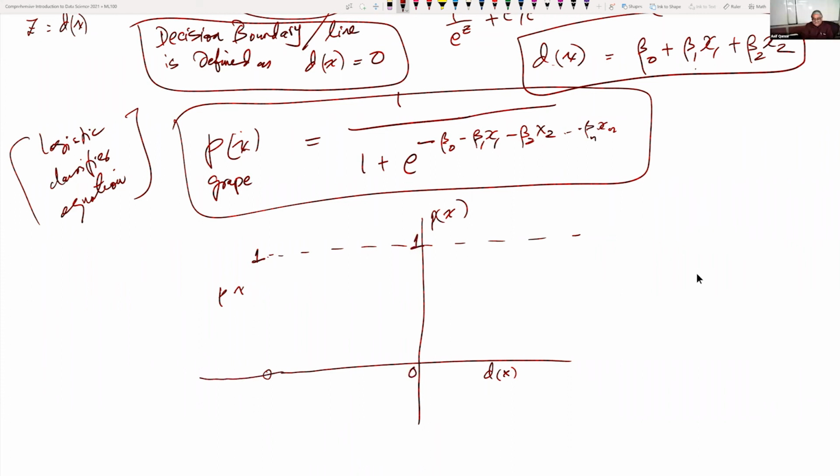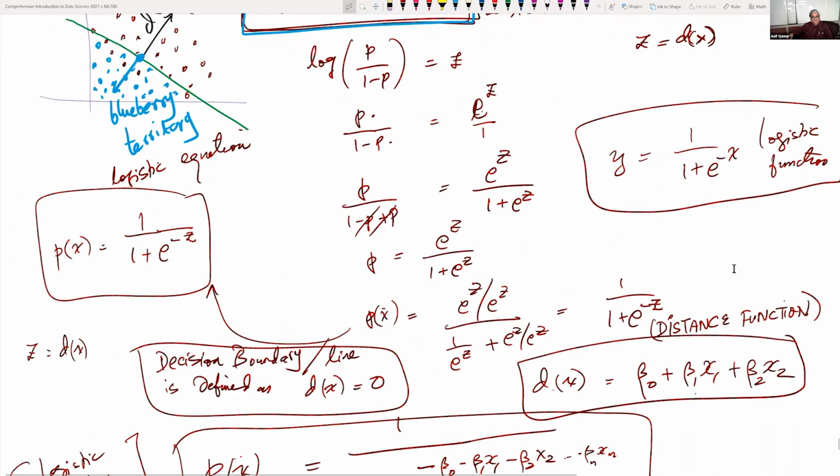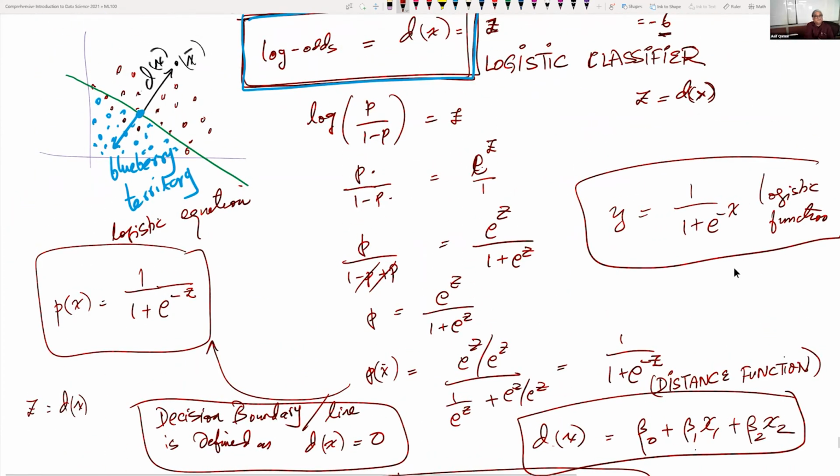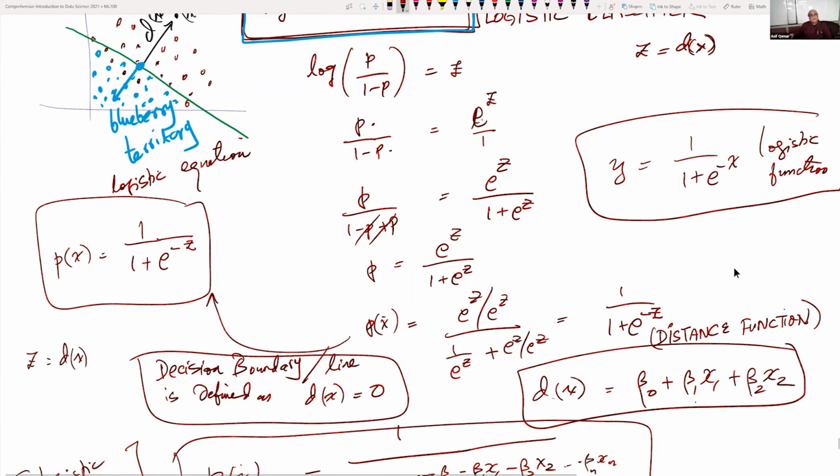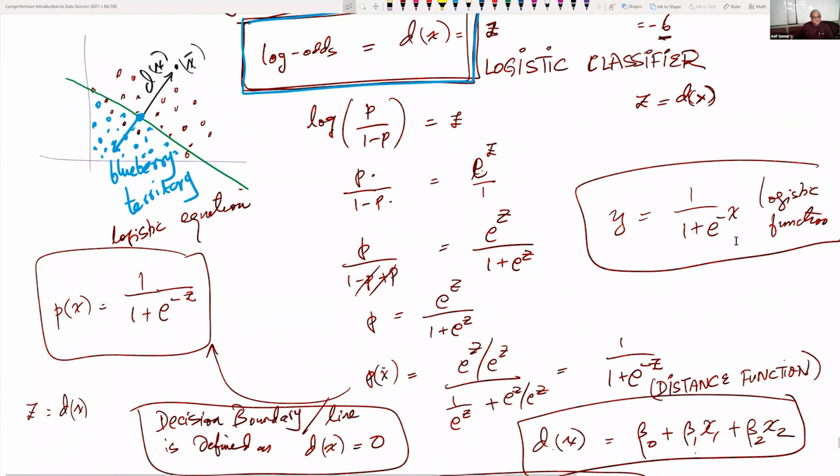What happens when distance is hugely negative? Probability is, what is the probability that it is a grape? When you are in deeply negative territory, what's the probability that it is a grape? Look at this picture. When you are in hugely negative territory, 0.5? Why 0.5? Any other answers, guys?